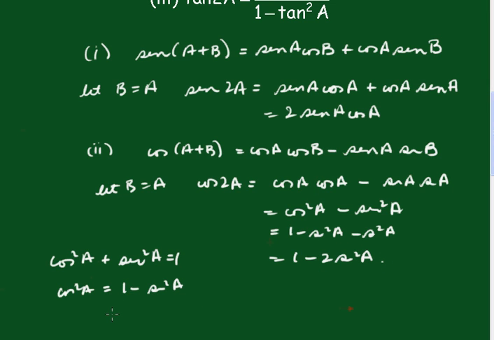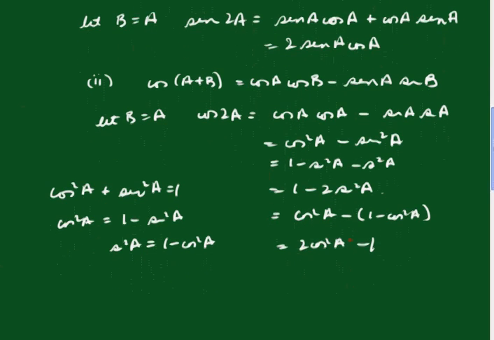And equally we can say that sine squared A equals 1 minus cos squared A. And so we go cos squared A minus 1 minus cos squared A, and that gives me 2 cos squared A minus 1. And they are very useful, those.